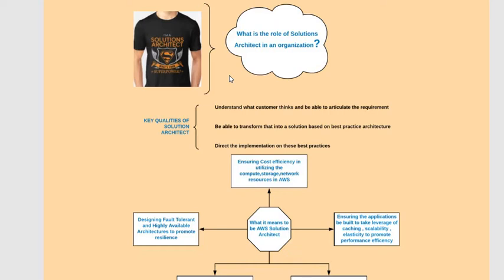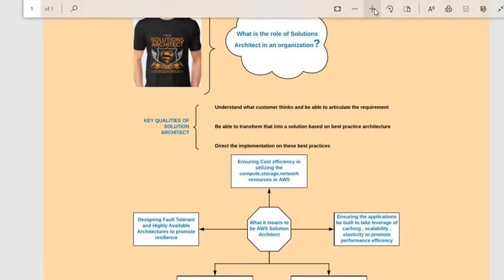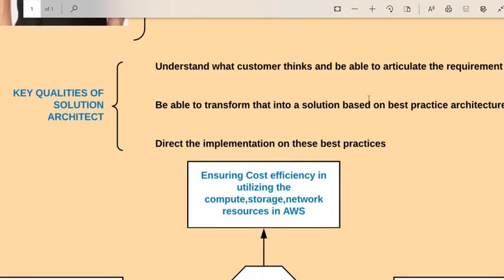The key qualities, as you can see on my screen: he should be able to understand what the customer thinks, what the thought process of the customer is, what the requirements are, and what exactly the customer plans to build. And he should be articulate enough to transform that requirement into a solution that utilizes the best practices when it comes to building the architecture of the solution you will be providing to your customer.